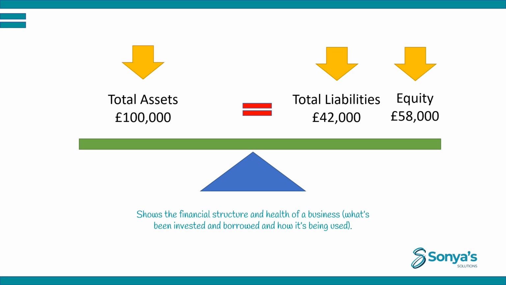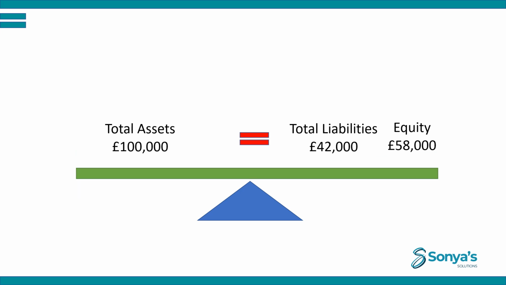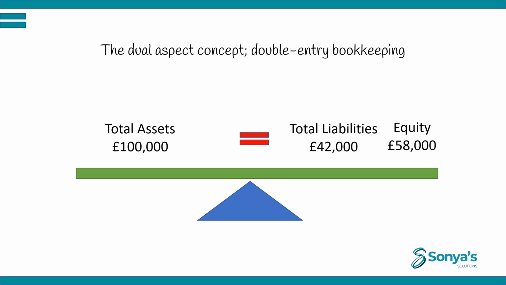Perhaps the business has bought office equipment and stock and has deposited some at the bank. When processing business transactions in the double entry bookkeeping system, this balance is always maintained. Now we're going to learn about how we achieve this using the dual aspect concept.